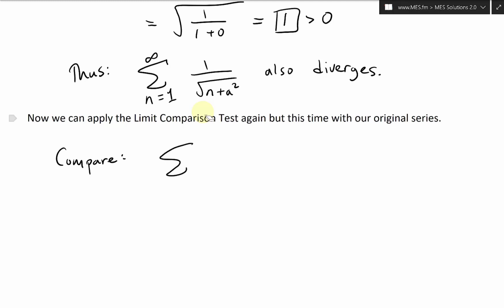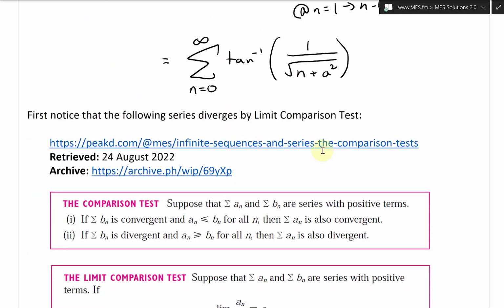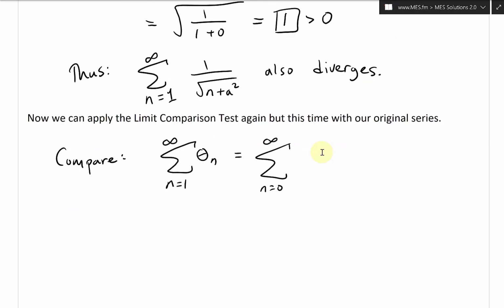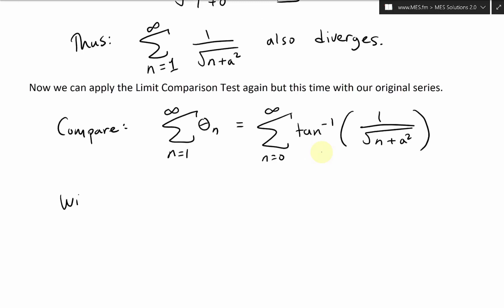The summation from n equals 1 up to infinity of theta right here equals what we had solved: the summation of inverse tan of 1 divided by square root of n plus a squared. Then this is going to be inverse tan of 1 over square root of n plus a squared, like that.